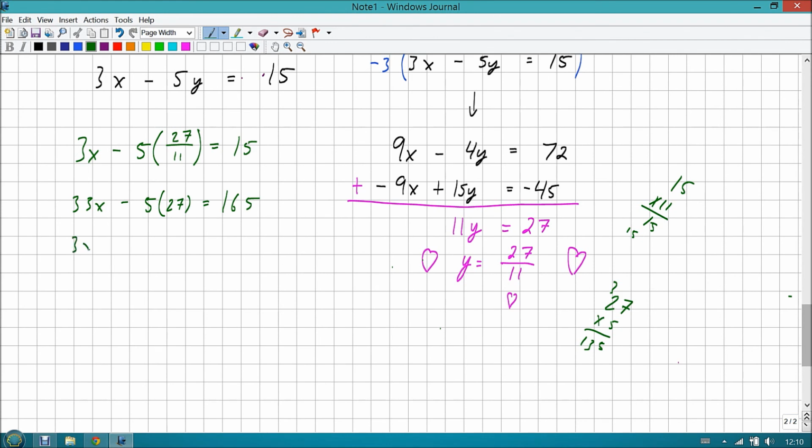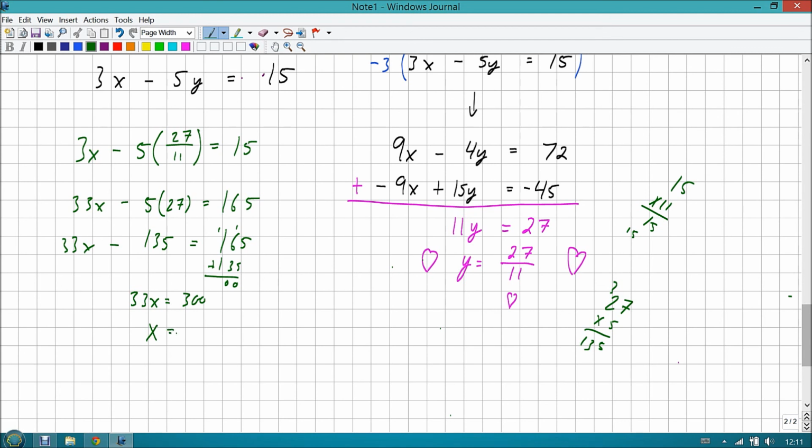So this becomes 33x minus 135 is equal to 165. Now we add 135 to both sides. And that gives us 33x is equal to 300.